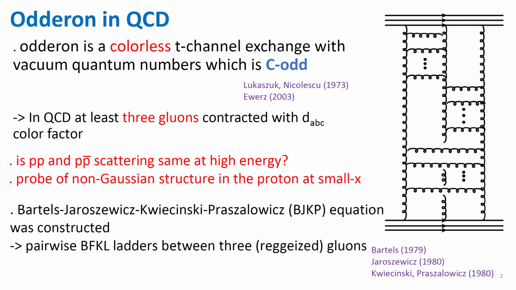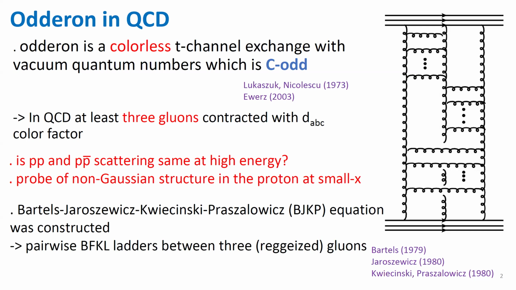Another point is that, coming from the context of small-x physics, you imagine the proton to be a bunch of color sources that are radiating, and the correlations between these color sources are assumed to be random or Gaussian. In this context, the Odderon emerges as a probe of the non-Gaussianity of the proton wave function.